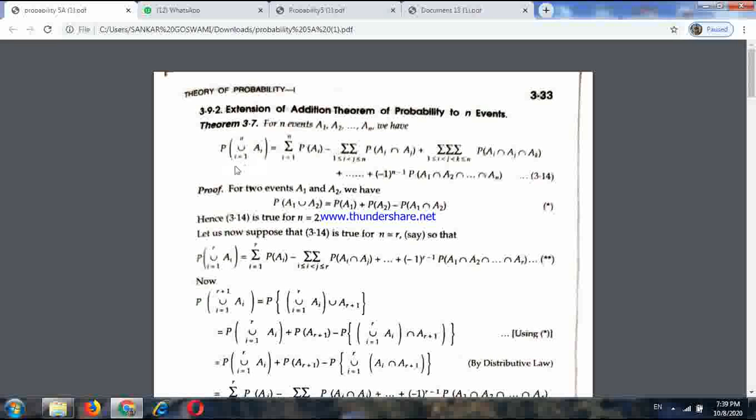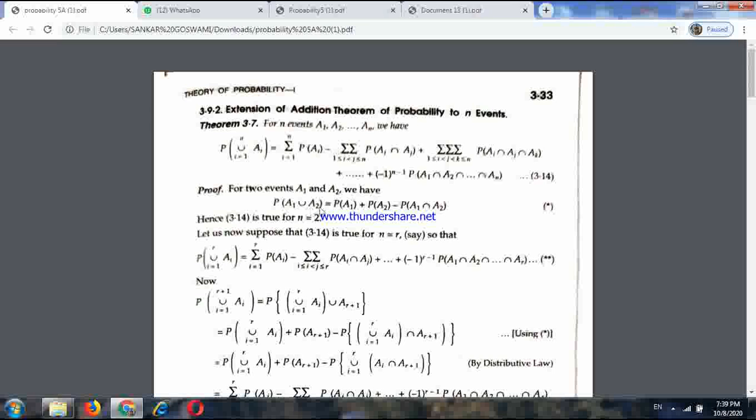Okay, so P(union of Ai) equals summation P(Ai), then minus double summation, then plus triple summation, in this way up to plus or minus (minus 1) raised to the power n minus 1 P(A1 intersection A2 intersection up to An). Now we use mathematical induction to prove this theorem.